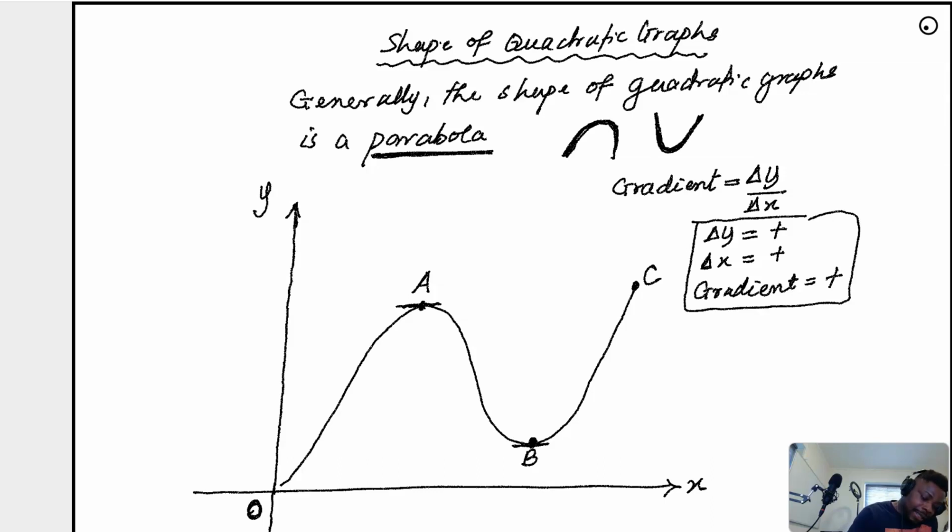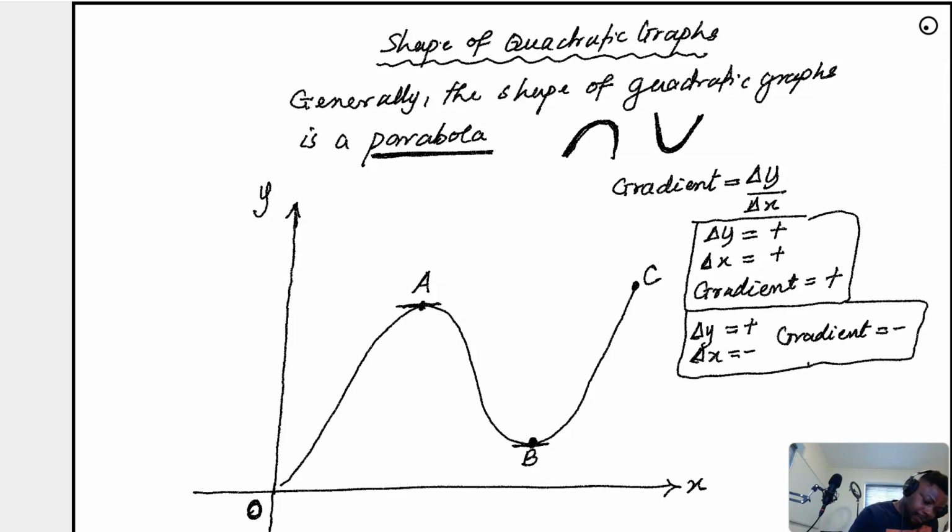Okay, then when your change in y is positive and your change in x is negative, the gradient will be negative. When your change in y is negative and your change in x is positive, our gradient will be negative.